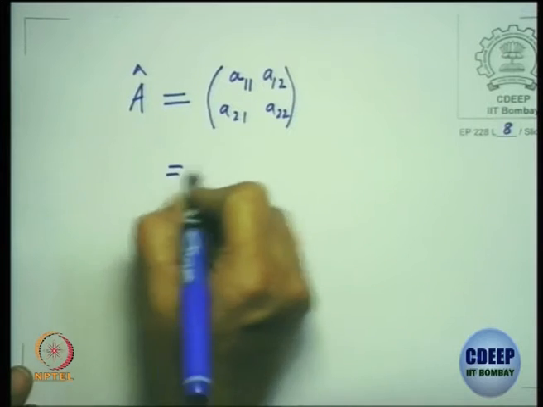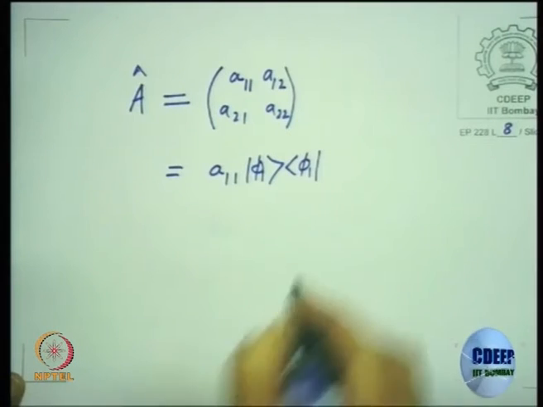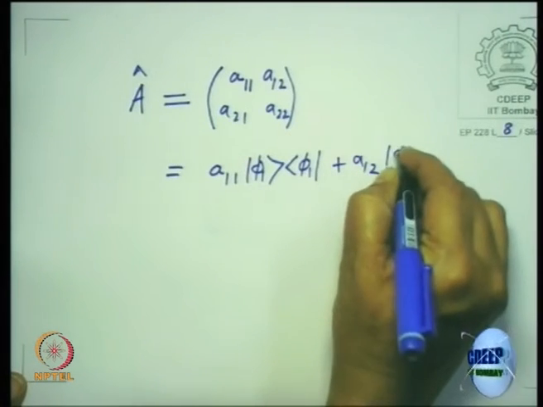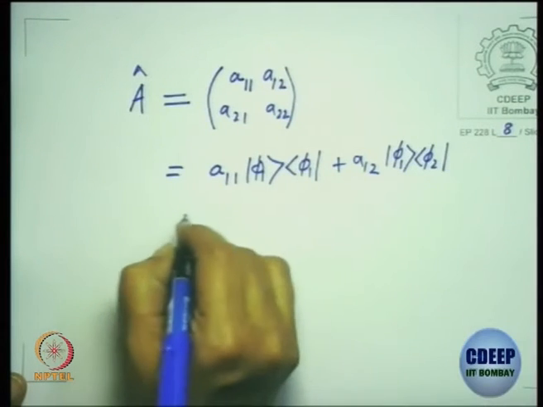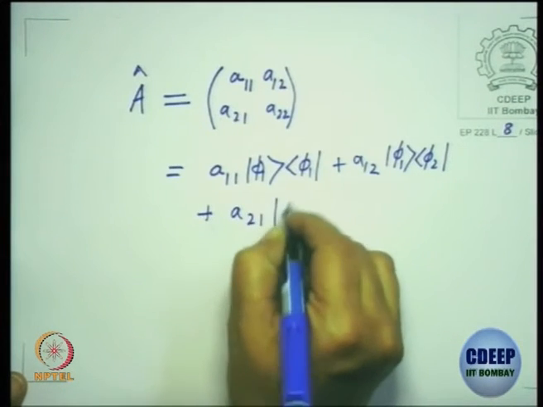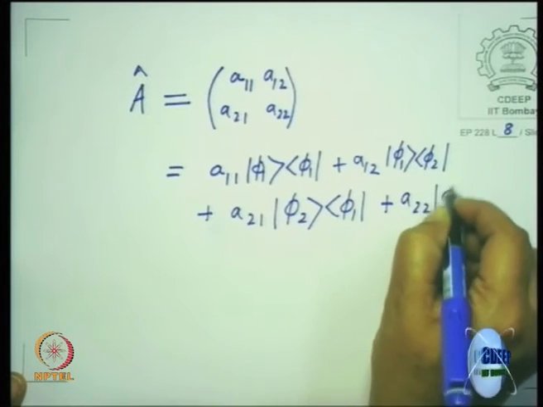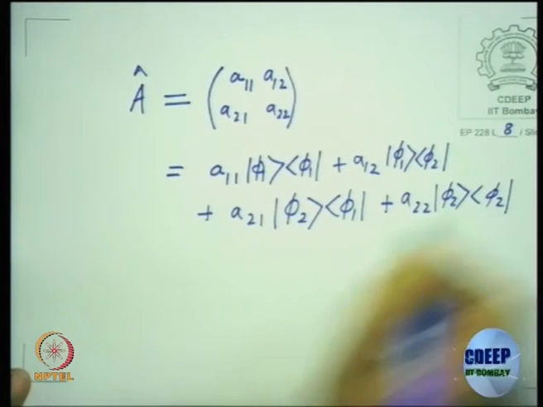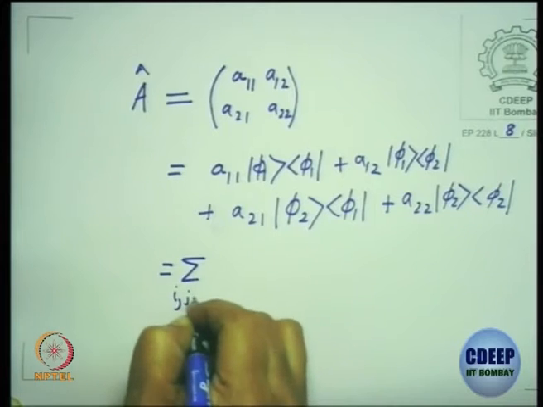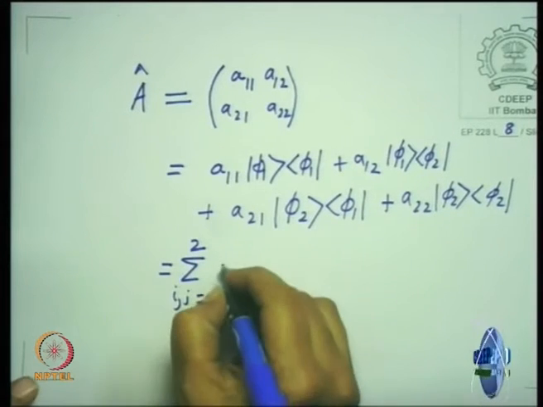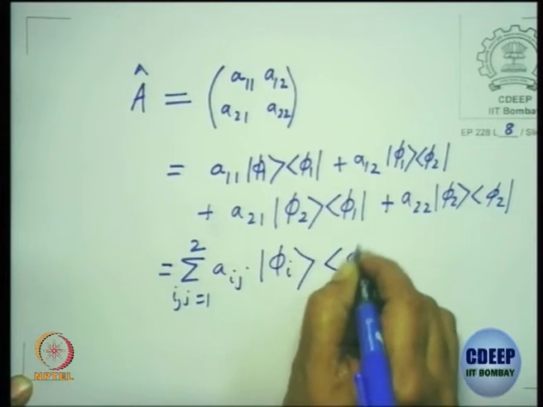I can also rewrite this as A11 phi 1 phi 1 plus A12 phi 1 phi 2 plus A21 phi 2 phi 1 plus A22 phi 2 phi 2. This is also correct. Write this compactly as summation over i, j, which is 1 to 2, Aij phi i phi j.